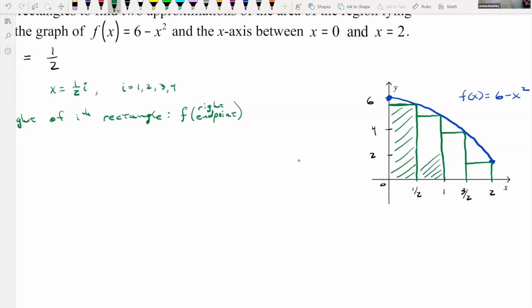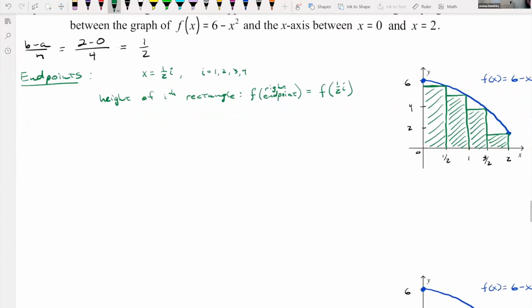We're getting the height for this rectangle that I'm coloring in now at 1. f of 1 is the height of that second rectangle. f of 3/2 is the height of the third one. f of 2 is the height of the last one. So in this case, that's going to be f of 1/2 i, our right endpoints.